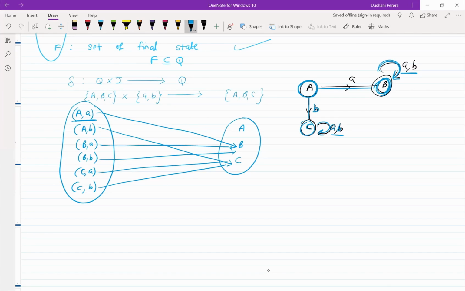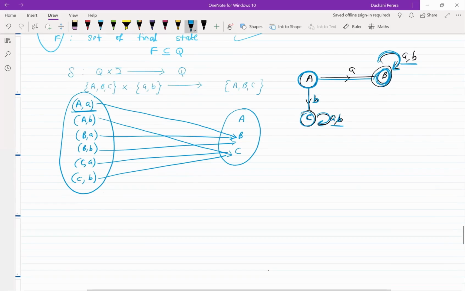So in a DFA we need to have a transition defined on every input symbol for every state.